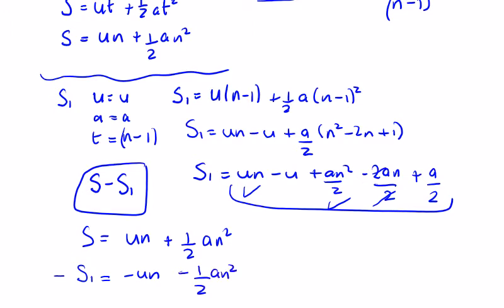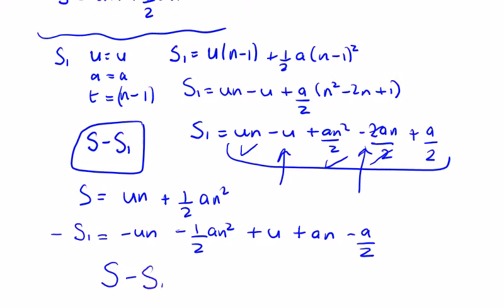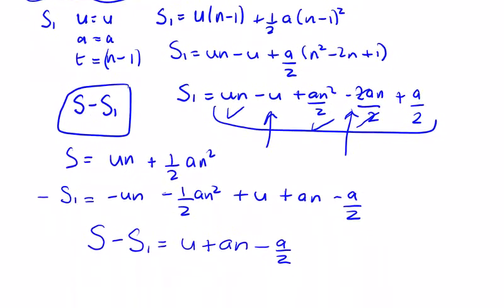They're going to cancel, and that's going to leave me with plus u, and this minus an here is going to become plus an, and we have plus a over 2, which is going to become minus a over 2. So s minus s1 is going to be u plus an minus a over 2. Is that what they were looking for? u plus an minus a half a. Yes.